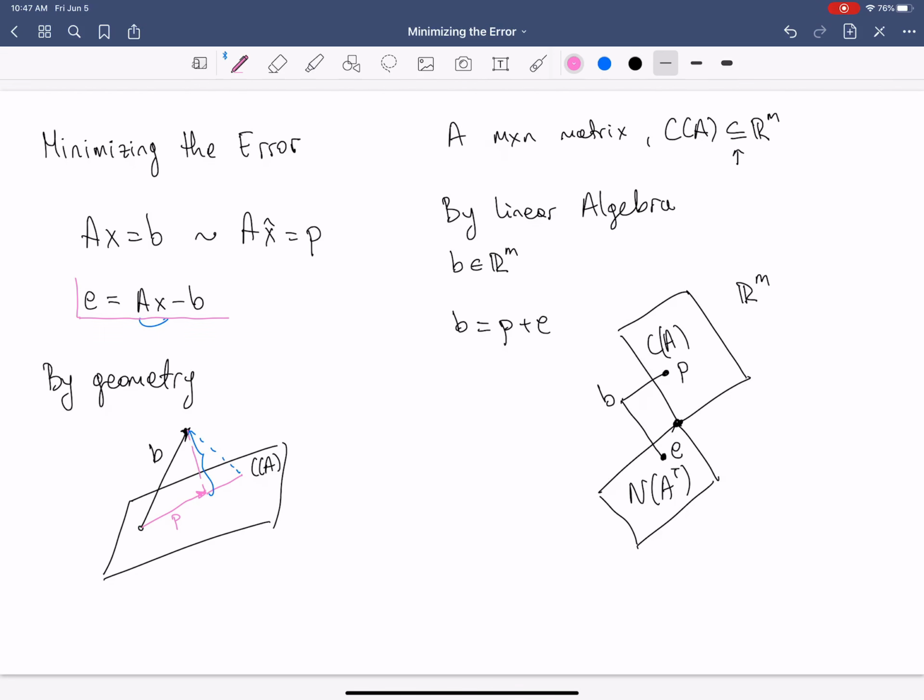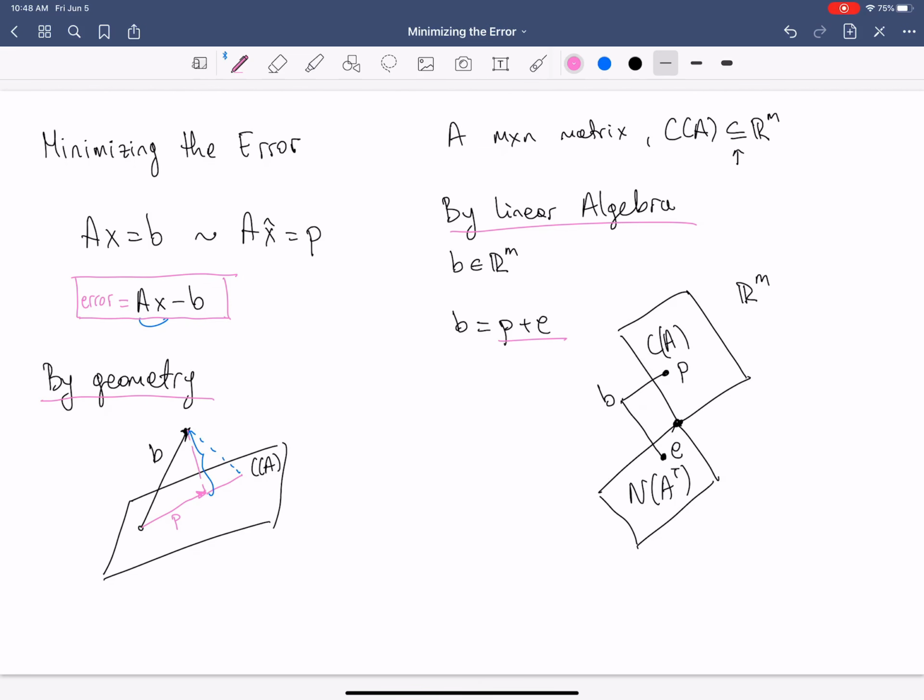The definition of the error stays the same. The question is, how do we address the error? Do we address it through geometry, through algebra? So I'm going to replace b with p plus e and see in what way we can minimize this error. And I realize here we are using e twice, so maybe I'll correct this a little bit and say error.